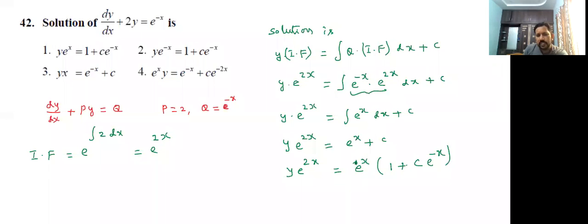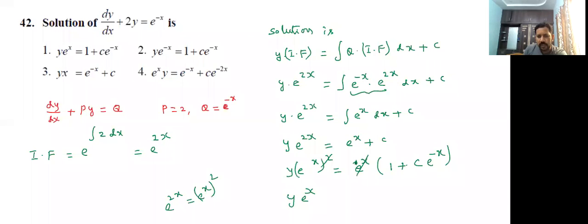So e power x is going to cancel, because on the left hand side e power 2x is there. e power 2x we can write as e power x whole square.